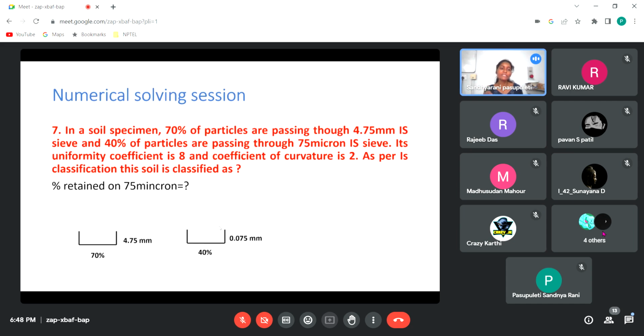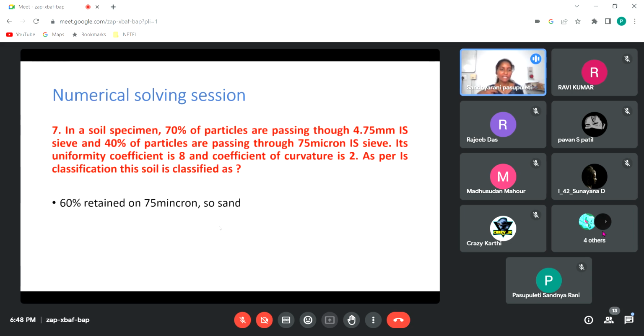If the percentage retained on 4.75 is more than 50%, then I can directly say it is gravel. So here 40% is passing means 60% is retained. So 60% is more than 50%. So the kind of soil is sand.